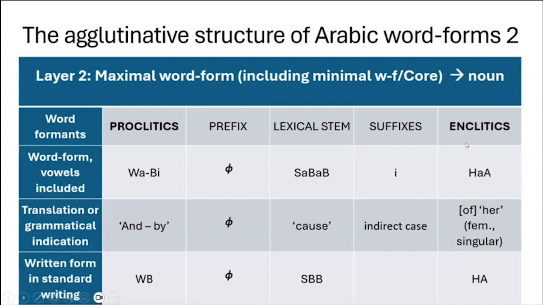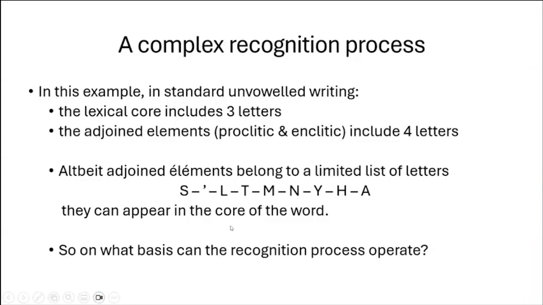And then enclitics are complement pronouns. There are 13 complement pronouns in Arabic, and the word is wabi sababiha, and by cause, indirect case of her, that is, and by her cause, her being not necessarily a person.